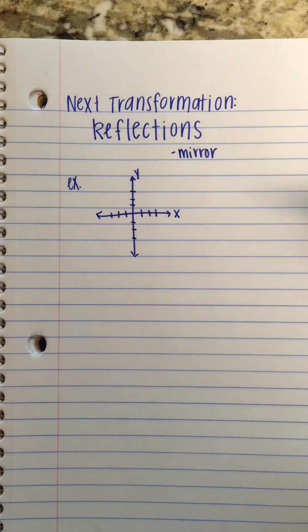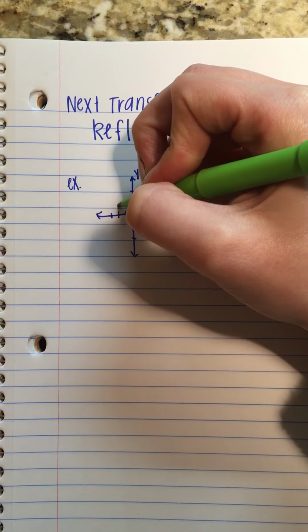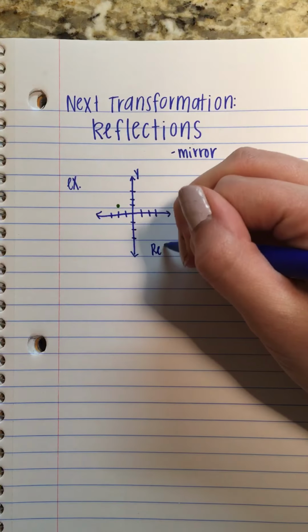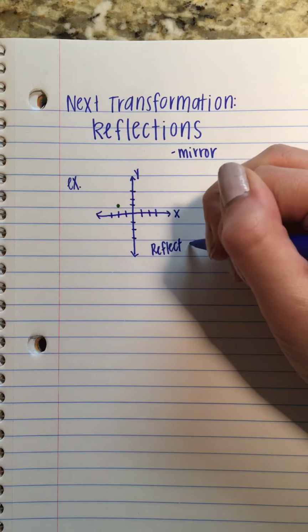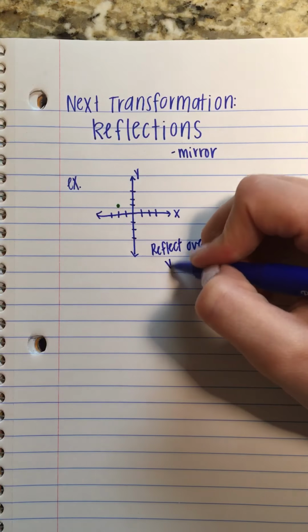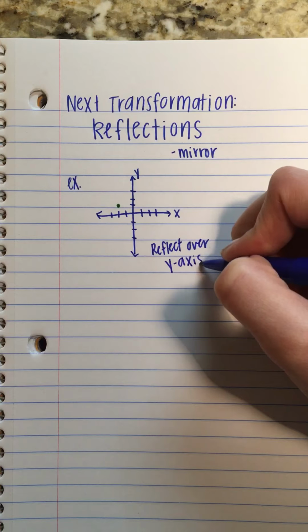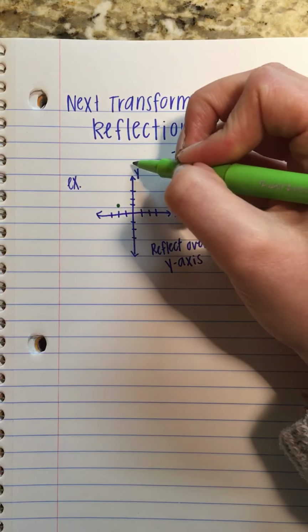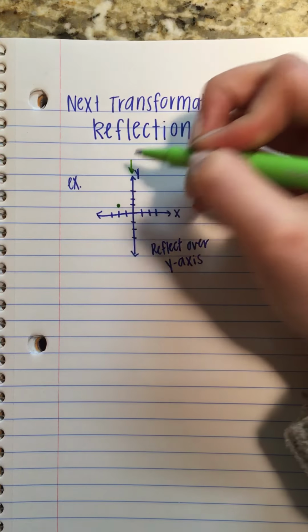Okay, so maybe I have a point right here. And I want to reflect that point over the y-axis. Okay, the y-axis is this right here.